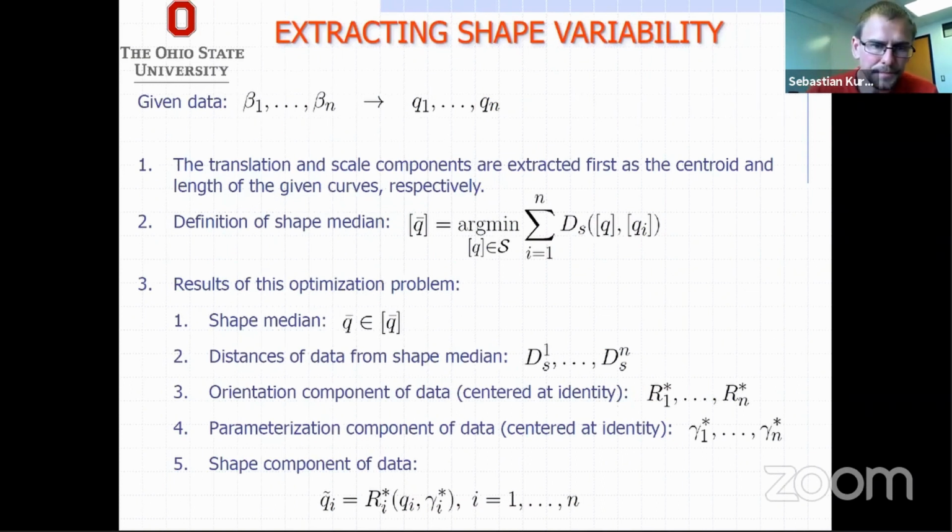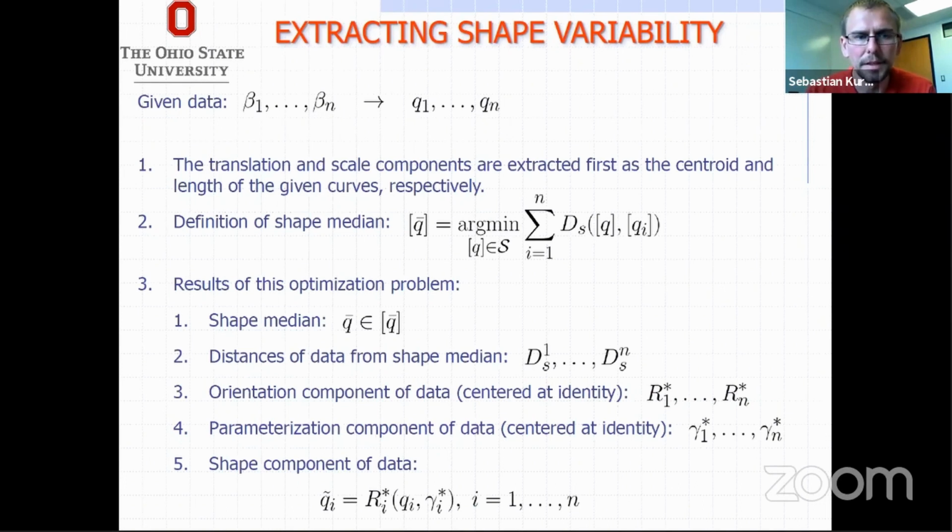Okay, so how do we actually go about extracting all of these different sources of variability? Really, the hardest one is the shape variability, and this is what I was building up to. So before we even start, we first extract the translation and scale components, and again, I already described this briefly. So the translation component corresponds to the centroid of the curve, and the length of the given curves is the scale component.